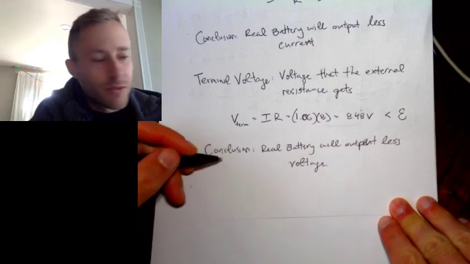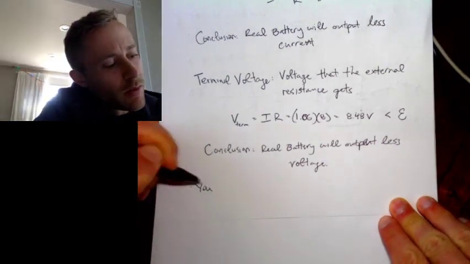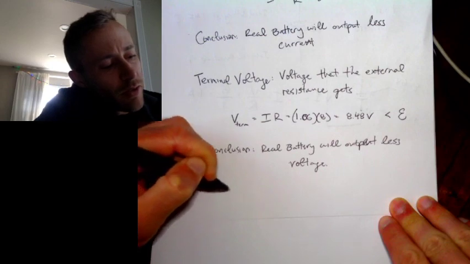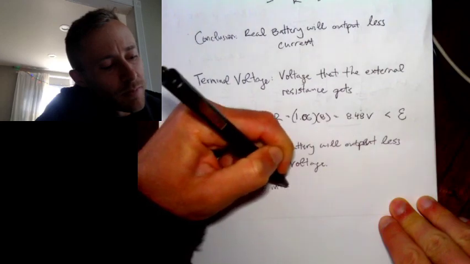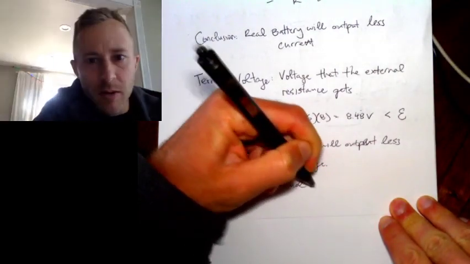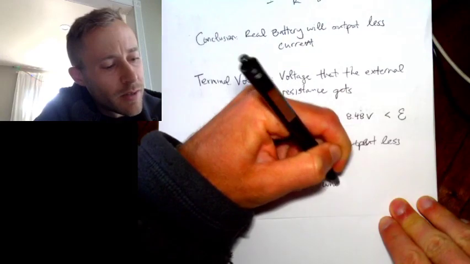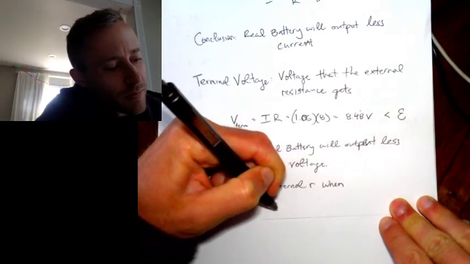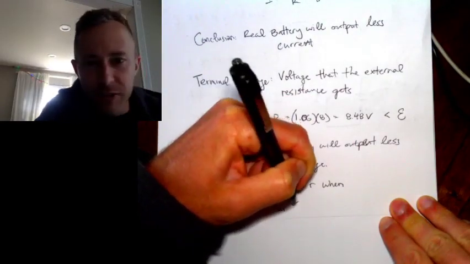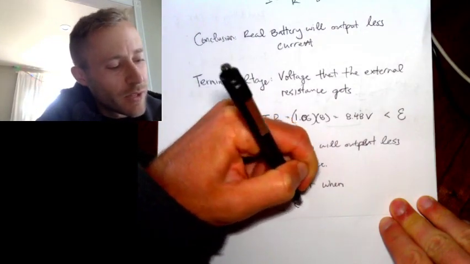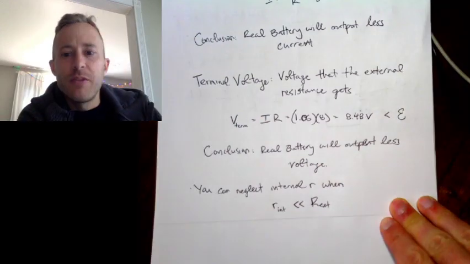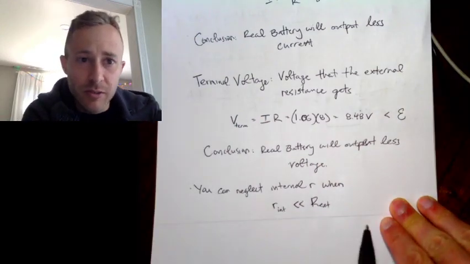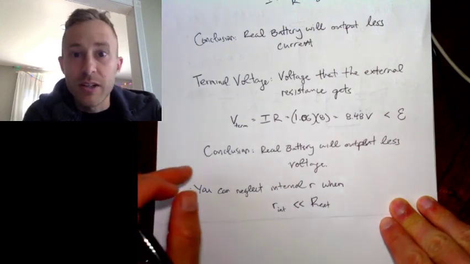You can neglect the internal resistance when the internal resistance is much less than the external resistance. Okay? So if the internal resistance is much less than the external resistance, you can just neglect it and you can treat it like it's an ideal battery.